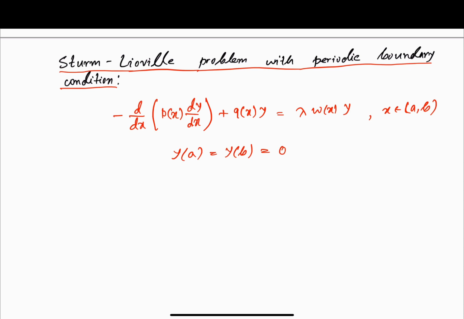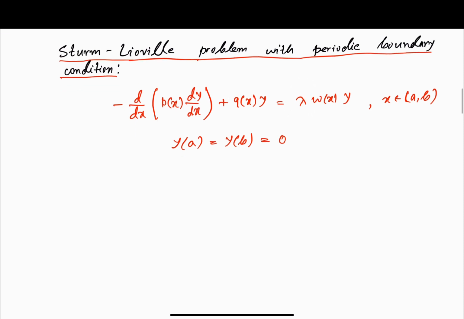That's why it is called a periodic boundary condition. Here w(x) is called the weight. So this is the general form for the Sturm-Liouville problem corresponding to the eigenvalue lambda.